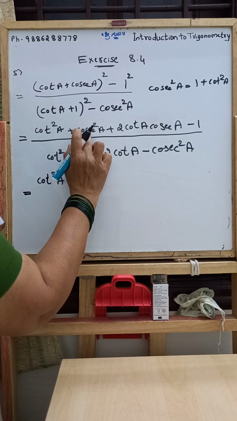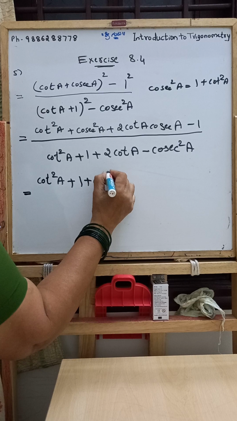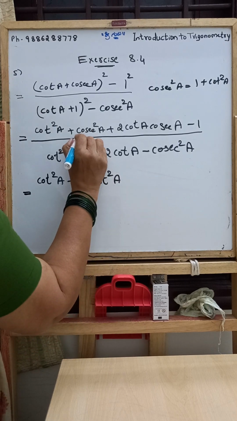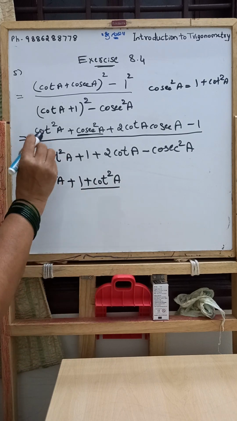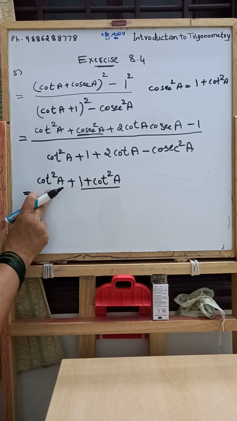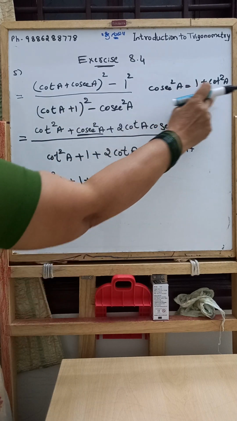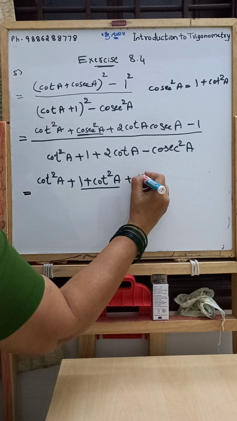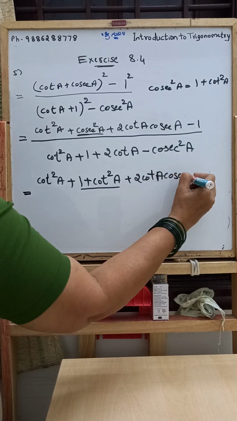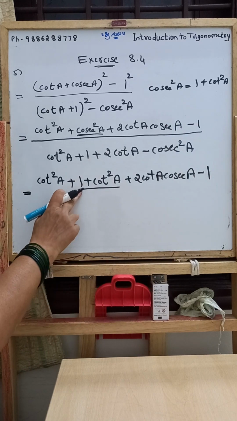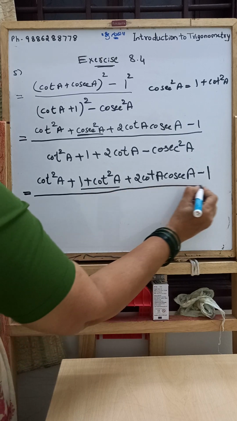In place of cosec square A, we use the identity 1 plus cot square A. This first term cot square A is written as it is, and the second term cosec square A is written as 1 plus cot square A using this identity. Then the other terms are written as they are. Minus 1: here plus 1 and minus 1 becomes 0.